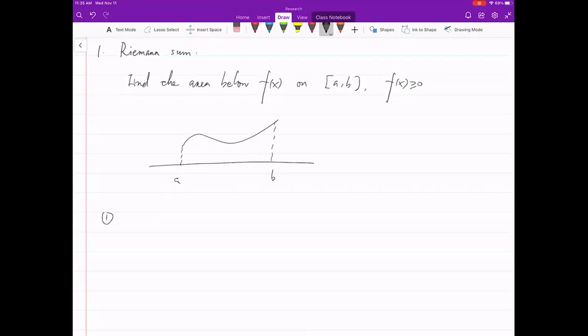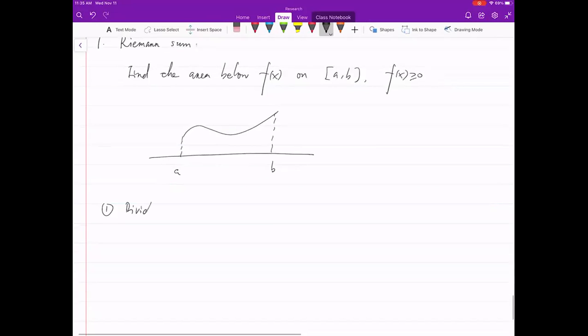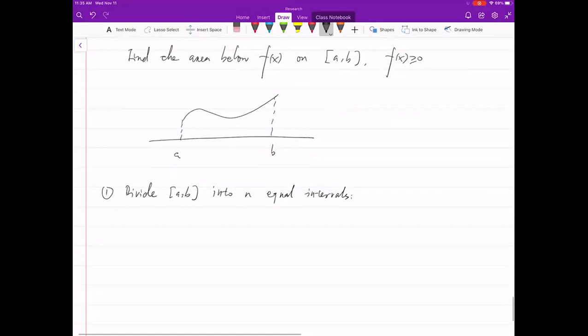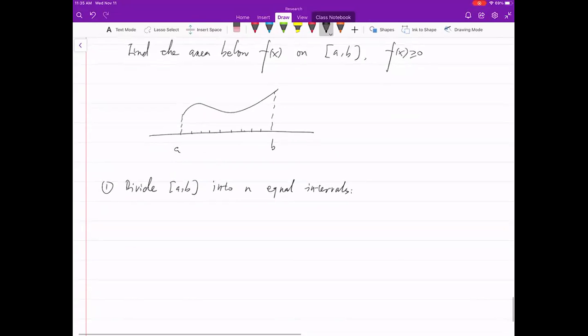Number 1, you want to divide the interval AB into 4 or maybe 8 or n equal pieces. Then each piece has something called delta x, which is b minus a, that's the total length, divided by n, that's how many pieces.